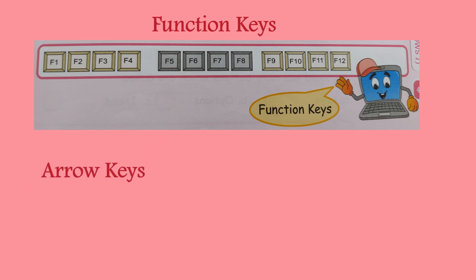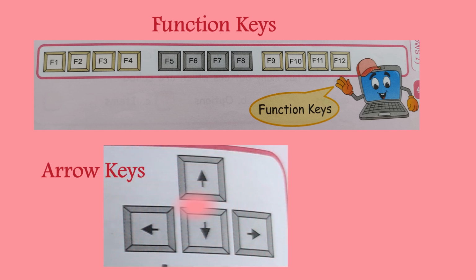Next are the arrow keys. There are 4 arrow keys which are used to move the cursor up, down, left or right on the monitor. First is the upward arrow key. It moves the cursor up. Next is the down arrow key.